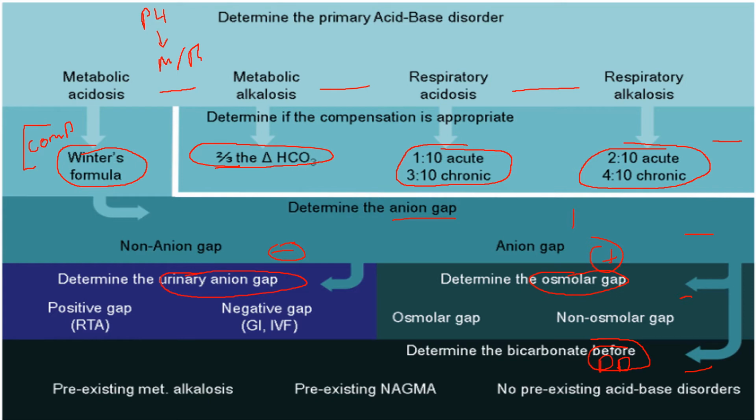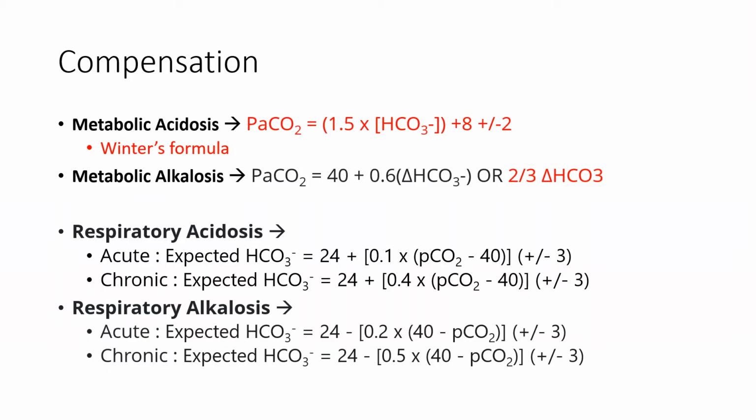This is also known as HAGMA, high anion gap metabolic acidosis. You have to calculate osmolar gap and delta delta to really understand what's going on.